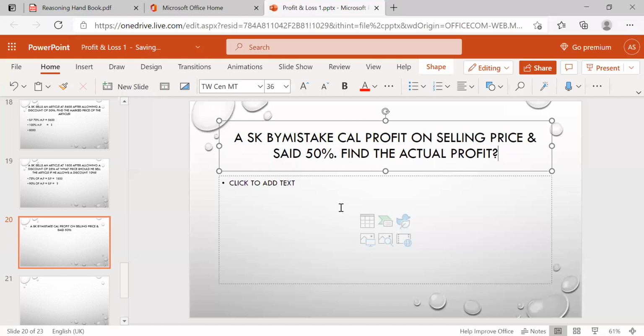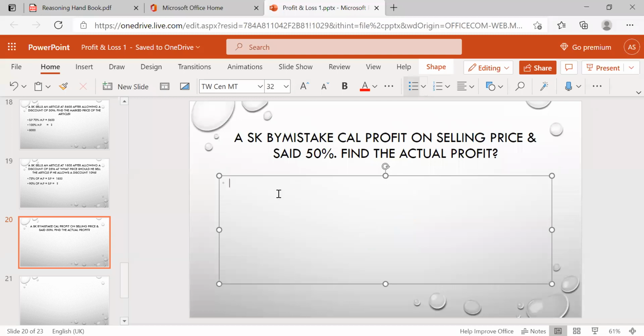So we know that we have to calculate profit always on CP. But here, by mistake he calculated profit on selling price. Assume that 50% of the selling price is nothing but profit.